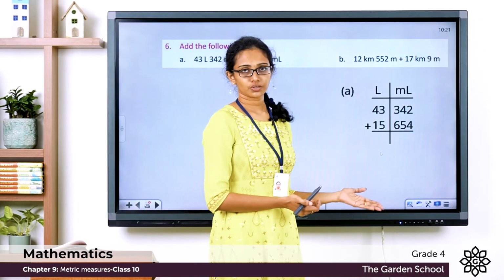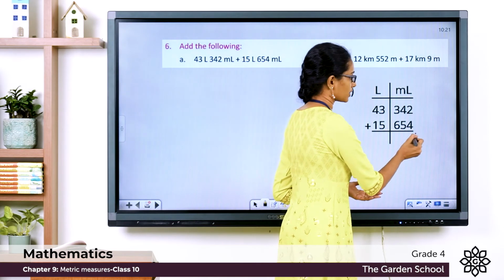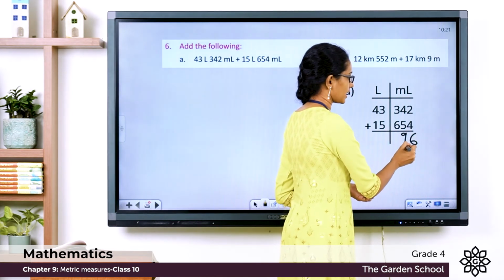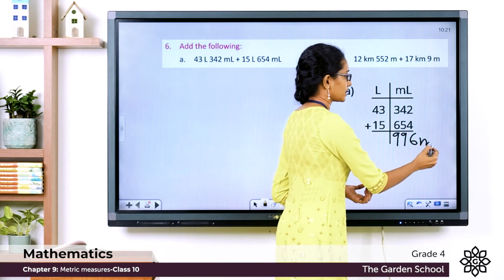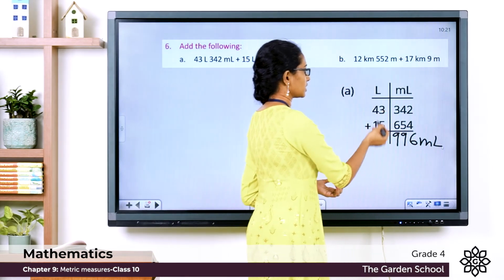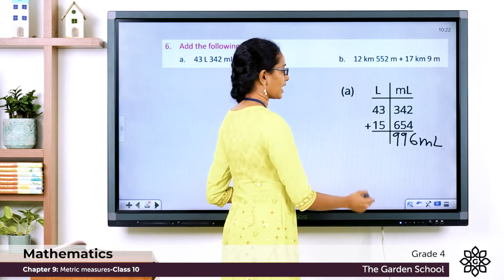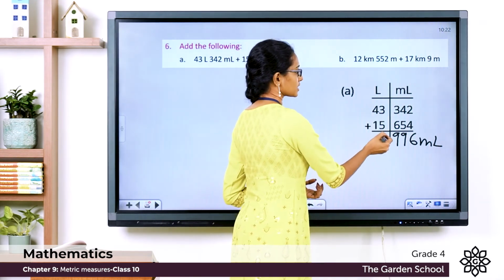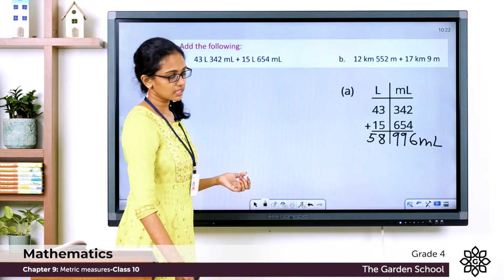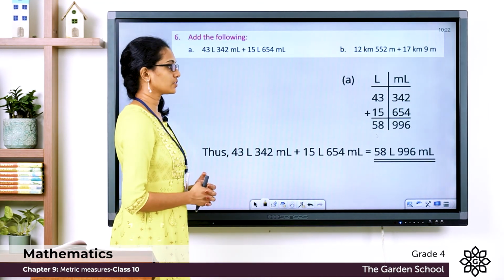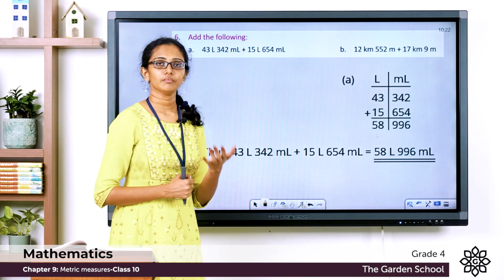So in the milliliters column we have 2 plus 4 equals 6, 4 plus 5 9, 3 plus 6 9. So here it is 996 milliliters. Now here in the liters column we have 3 plus 5 8 and 4 plus 1 5. So what is the total? The sum is equal to 58 liters 996 milliliters.